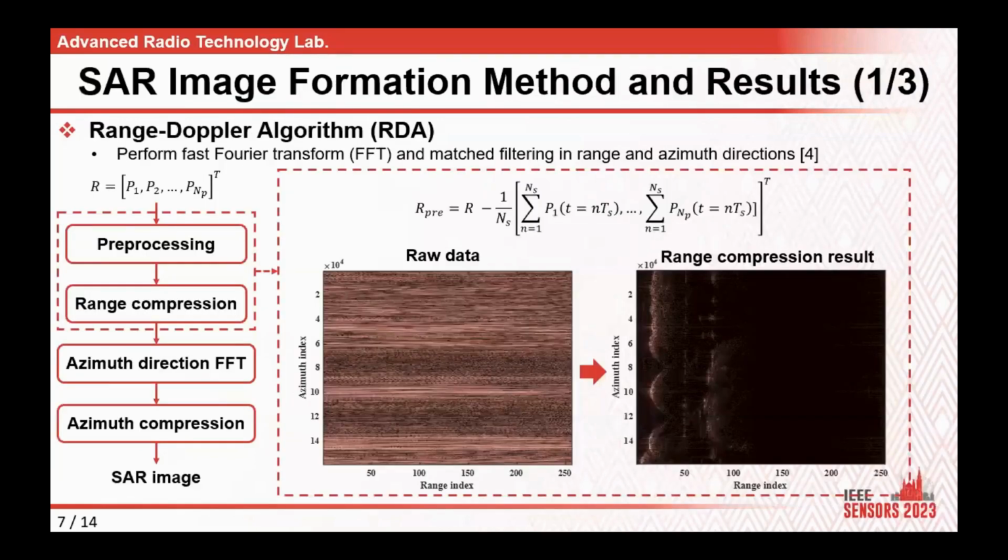So the data acquired through measurements forms the SAR image through the range Doppler algorithm. The RDA process forms a SAR image through preprocessing, range compression, azimuth direction FFT, and azimuth compression, as shown on the left. The raw data appears as follows.